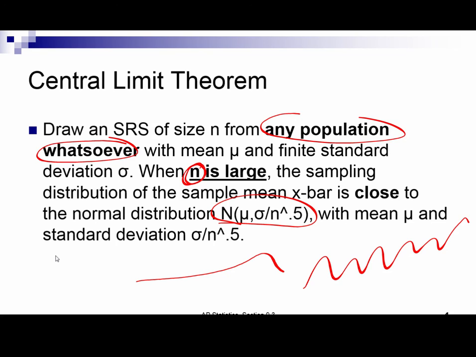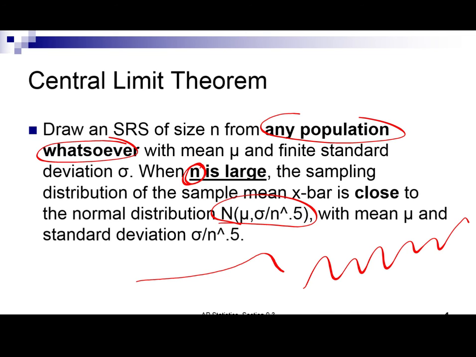Sample size. As long as your sample size is large enough, then the distribution of sample means will be approximately normal. Simply said, one more time. As long as your sample size is large enough from any distribution whatsoever, then your sampling distribution will be approximately normal.